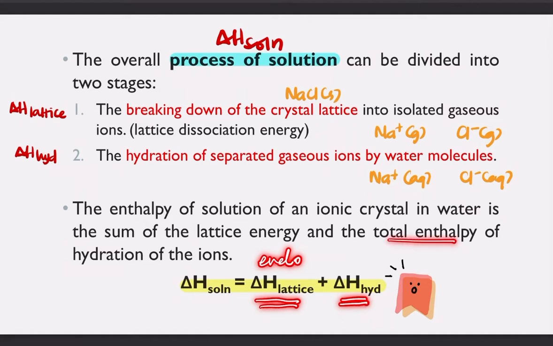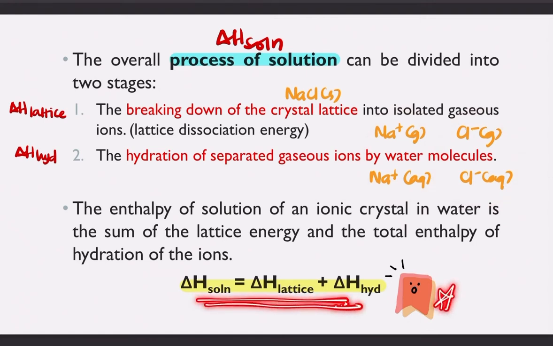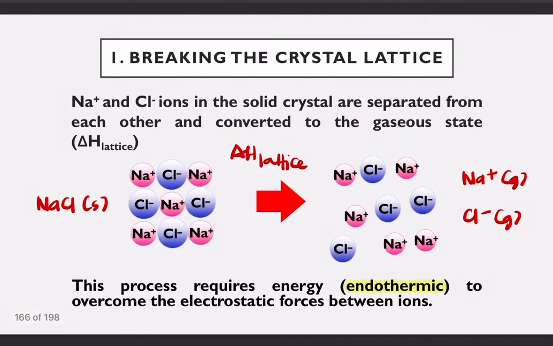It says total enthalpy of hydration of the ions because it is separate, meaning this delta H and also this delta H, the ions will be broken up into aqueous ions, so they have to be added together. Alright, this is important, you should remember this. This is basically, if you recall, Hess's law.